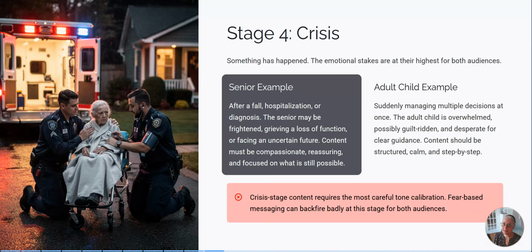But if you're just creating the content, what you want to do is, for the senior, you want to reduce the amount of fear that they have about what's going on. You also want to acknowledge the fact that they may now be grieving what happened to them, their loss of function, that they're facing an uncertain future.